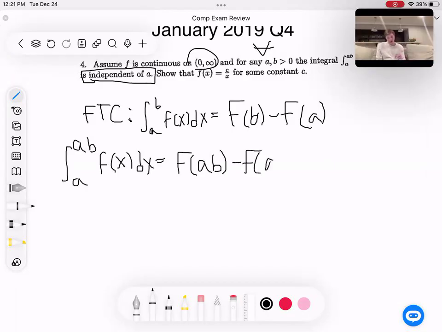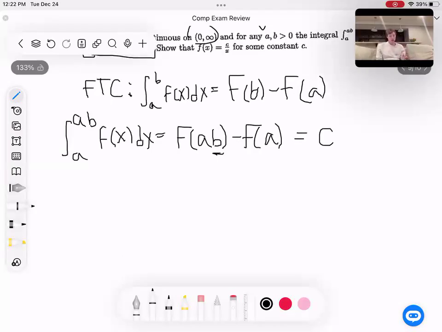And for any value of a, if we fix b as a constant and let a vary, this is going to be equal to some constant c. We can call it whatever, let's just call it c. Because we know that as a changes and b stays fixed, our value of this expression is not going to change. This is an identity in a, so what we can actually do is replace it with x.